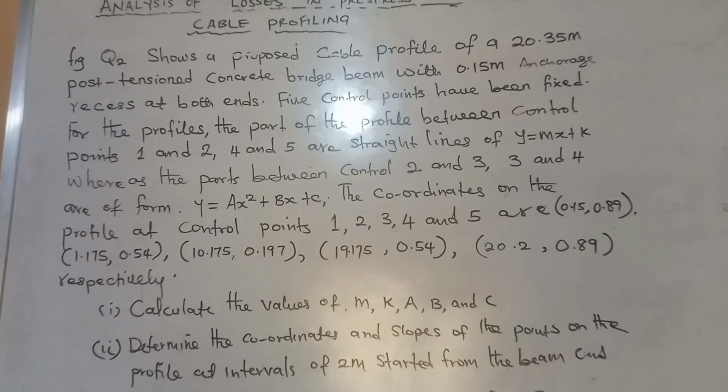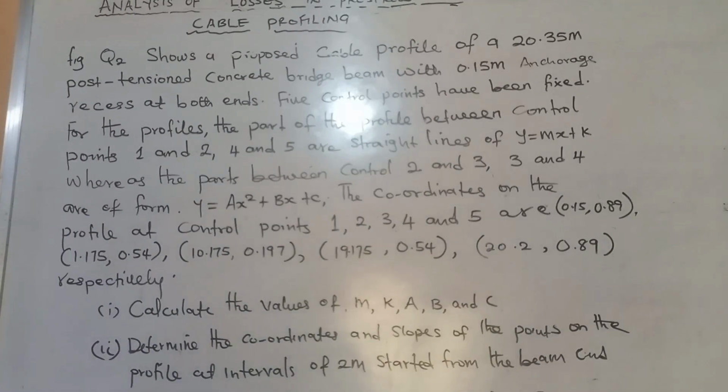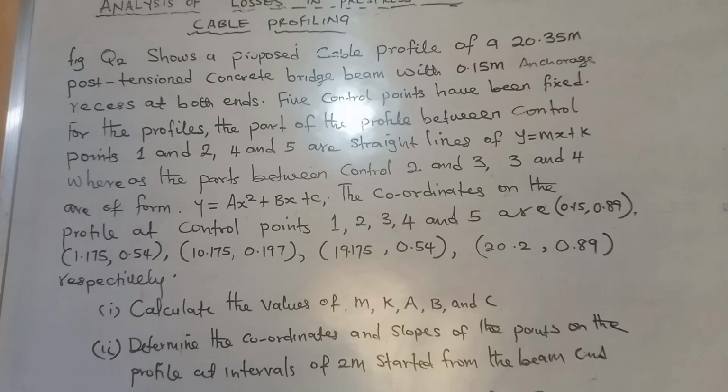So today we just want to obtain the expression for the profile before we start talking about the losses. For us to do that, we must get the constants of the expression, which are a, b, c, and m and k. We already know what x and y are in this problem.